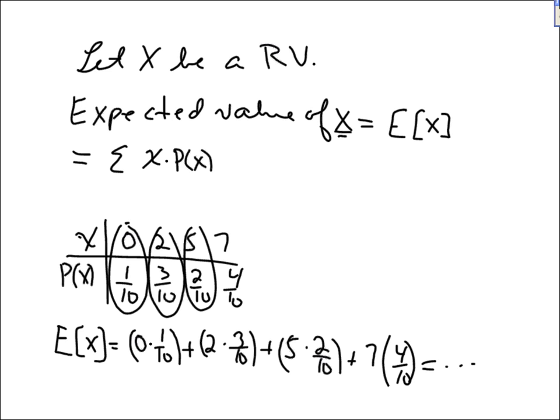Do your arithmetic, whatever it turns out to be, that's your expected value. You multiply all the values that x can be, each by its corresponding probability.